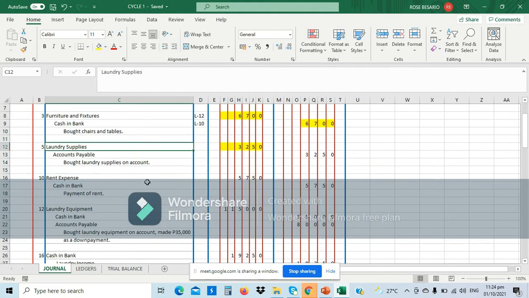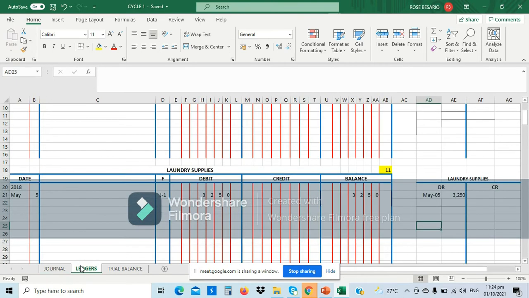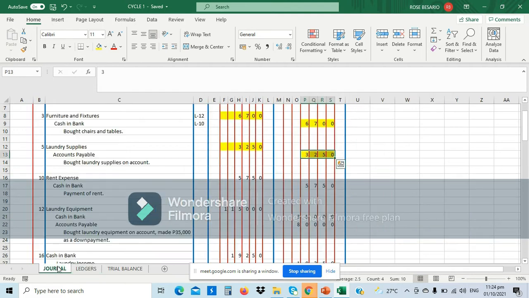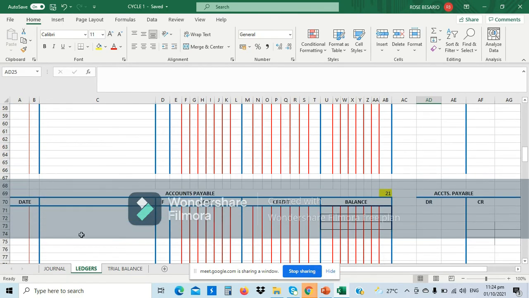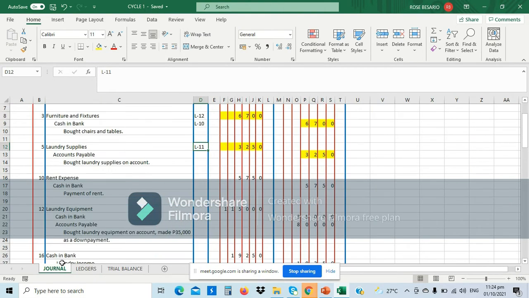Okay, and then we have accounts payable 3,250. So look for, where did we transfer the laundry supplies? This is L number 15. Is it 15? No, 11? L number 11. Then our accounts payable. Okay, so look for accounts payable. Then again, enter the year. Then we have May. So this is May 5.